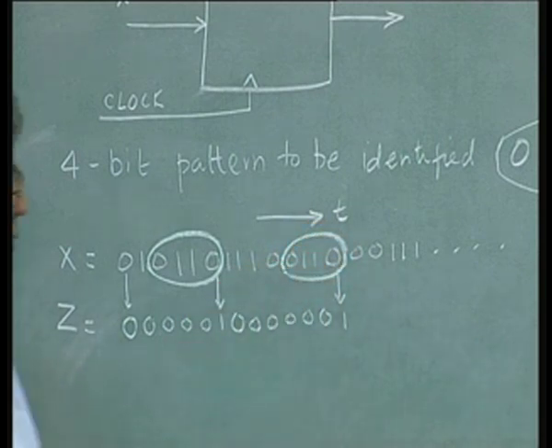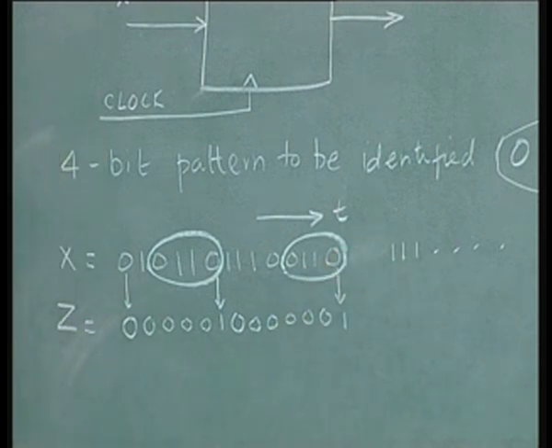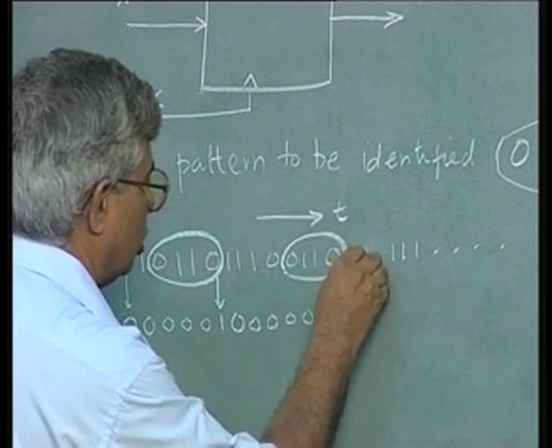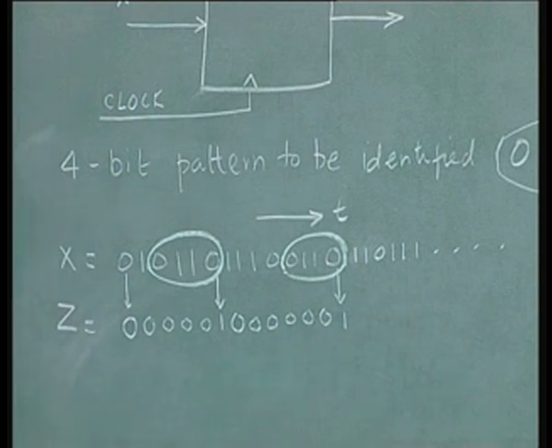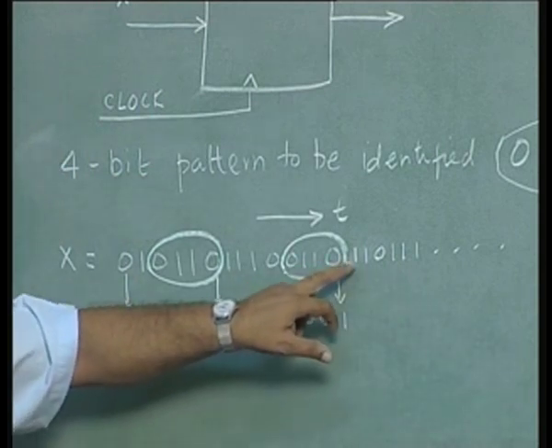Let me make a change in this pattern too, to give you an interesting concept. I will make it 1 1 0 like this. So, now the fourth bit was a 0, so a 1 occurred, then the next again is a 1.